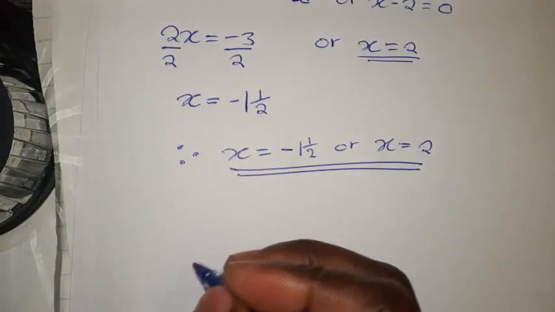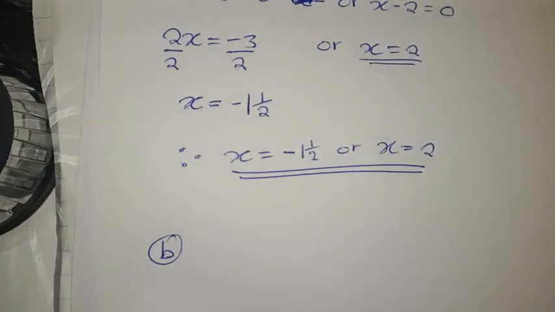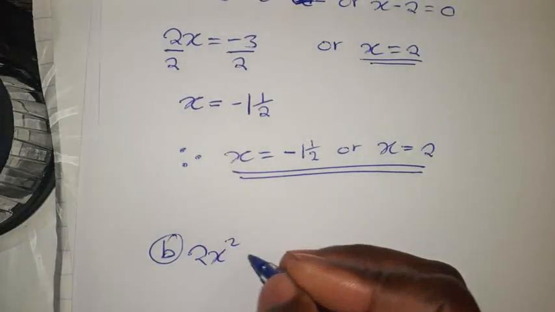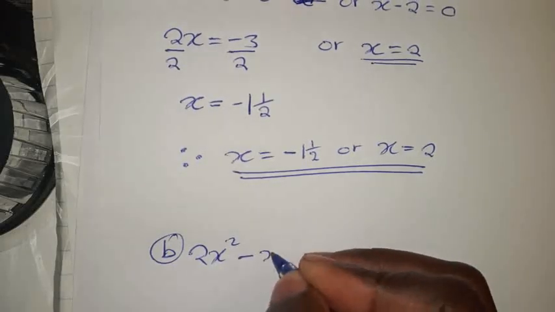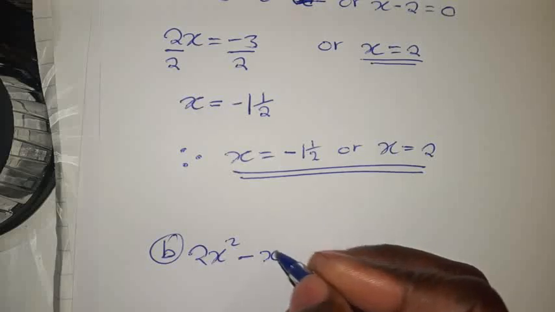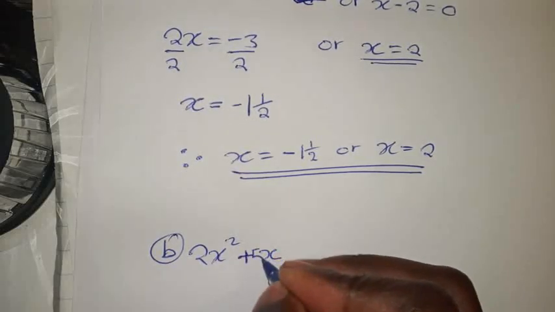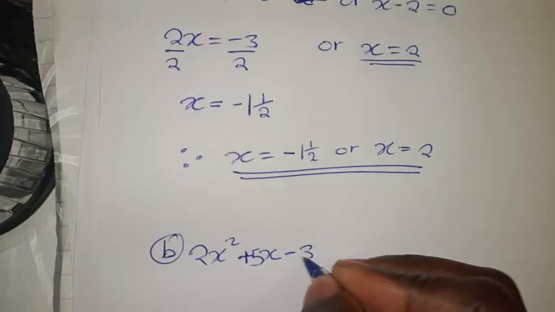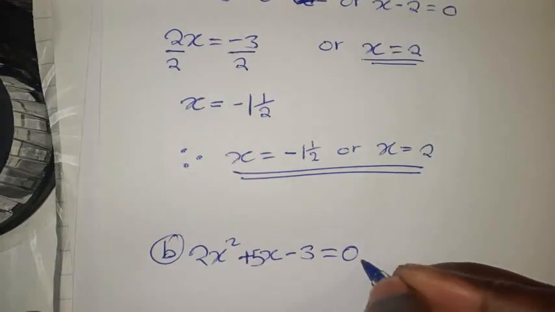I'll call this one B. Then the question is 2x squared plus 5x minus 3 equal to 0. You try this one.